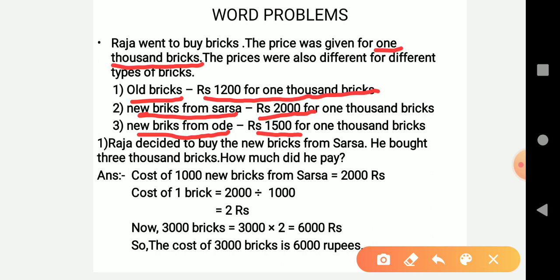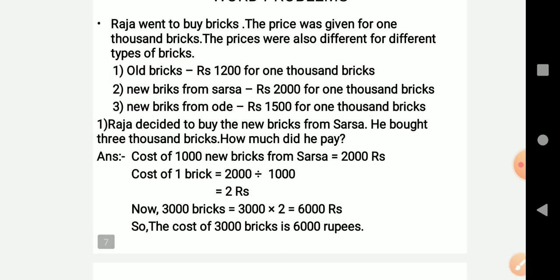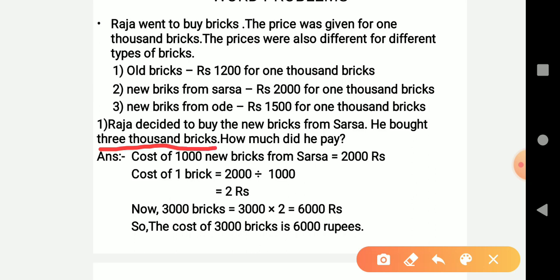Okay, now here the first question is given for you. Raja decided to buy the new bricks from Sarsa. He bought 3000 bricks. So how much did he pay? राजा ने new bricks from Sarsa से 3000 bricks खरीदी, तो उसे कितने पैसे पे करने पड़ेंगे?